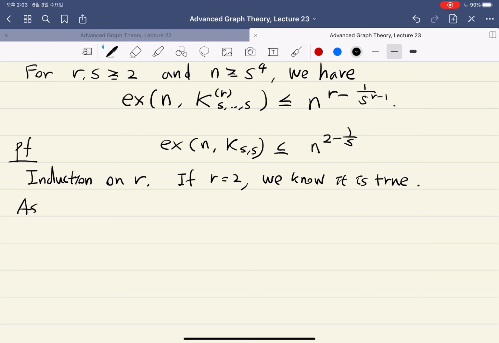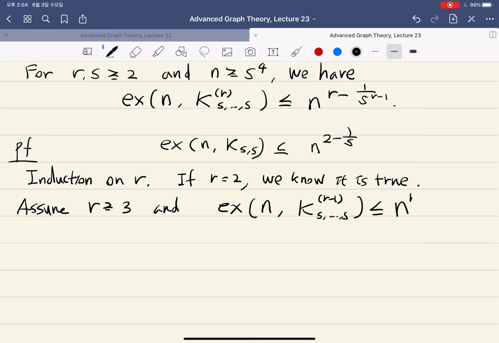So assume r is at least 3, and we already know that the extremal number of an (r minus 1)-uniform hypergraph with each color class of size s is at most n to the r minus 1 minus 1 over s to the r minus 2.